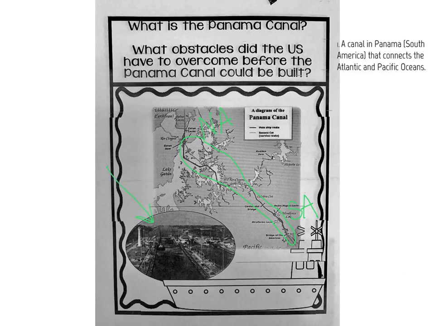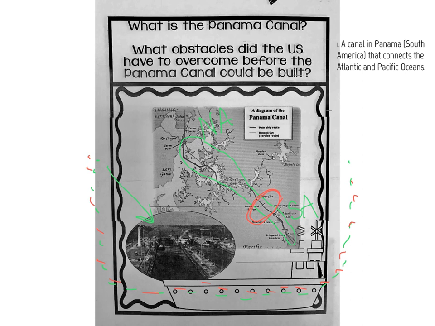If ships were able to pass through, that meant that ships no longer needed to go all the way down south underneath South America to come up to the other side of America in California, the West Coast. So we figured out if we were able to build a canal somewhere in this very small isthmus, it was going to cut off all of this time that it was taking ships to go all the way down south or to travel through the small rivers that would eventually connect in America.